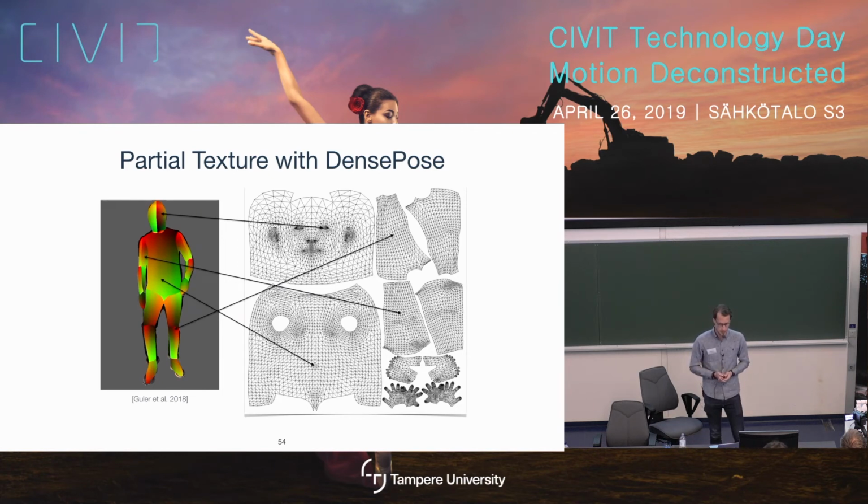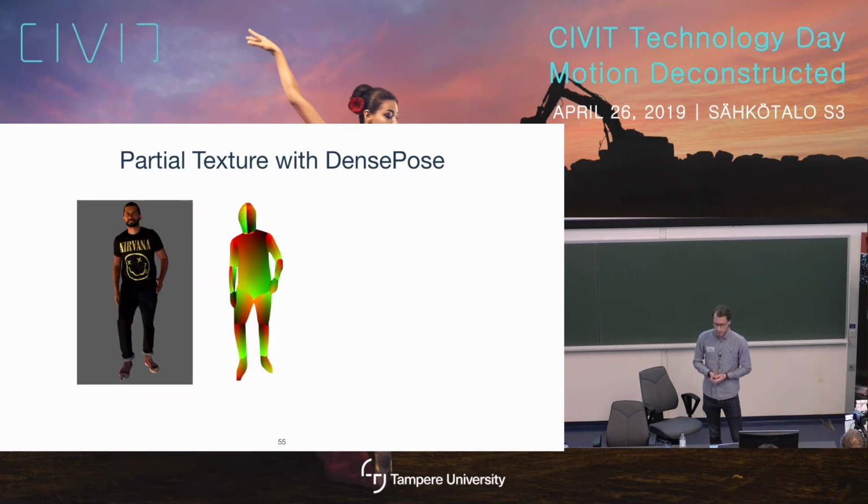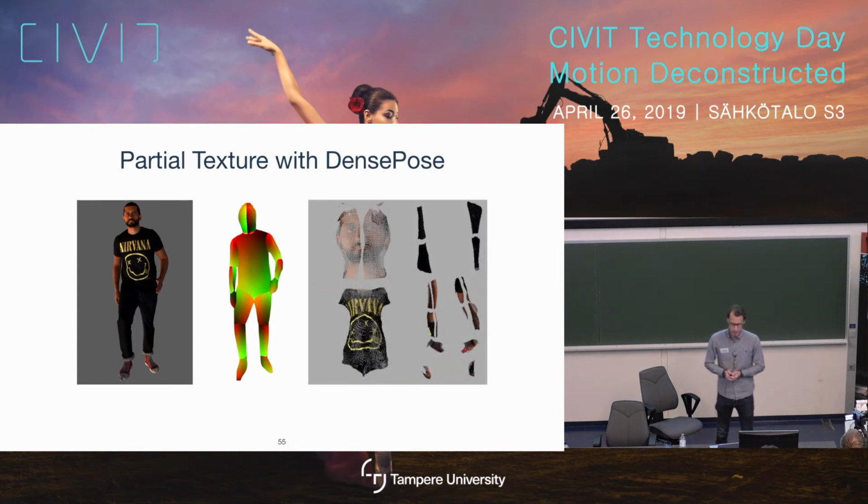And with this, we can then simply build an unwrap, or an incomplete texture, by just taking the input image and the Unposed detection. Then we look up the pixel in the Unposed detection and write it into the UV map. And then we have an incomplete texture, basically, so to say.